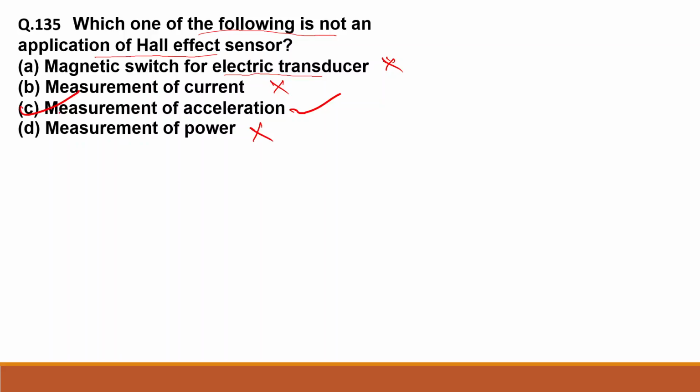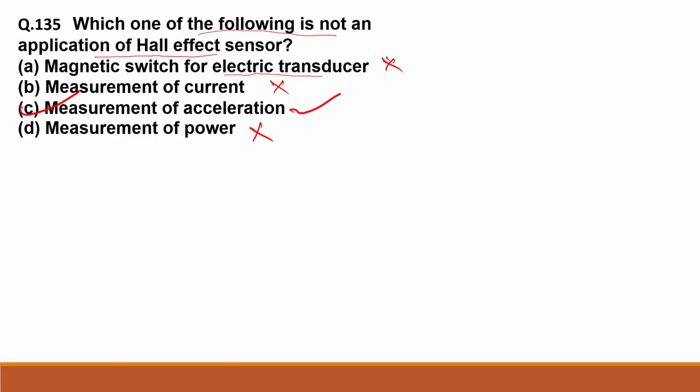What are the applications of the Hall effect sensor? It is used for the measurement of power, it is used for measurement of current also, and it is used for measurement of position, displacement and proximity.